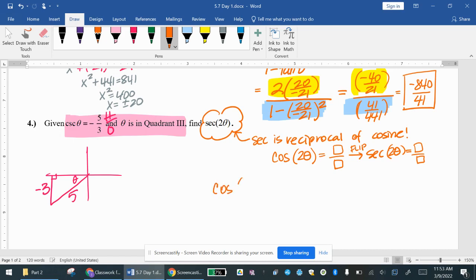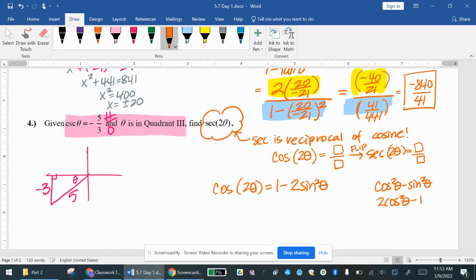So you see this one? Because this one just requires sine, which is opposite over hypotenuse, and I already have that, I don't really need to find the missing leg. You know what I mean? If I would have tried to use any of the other ones that require the use of adjacent, I would have needed to find it.